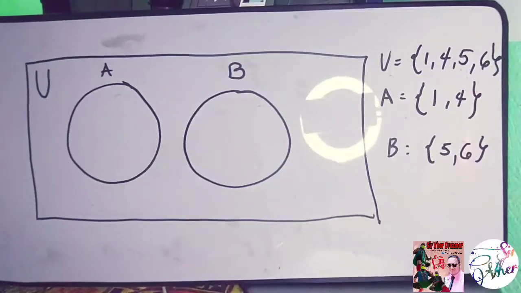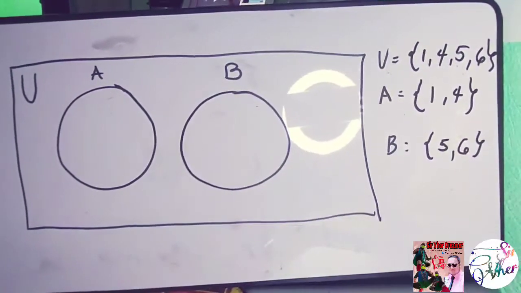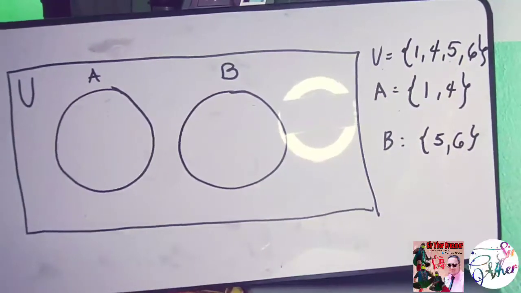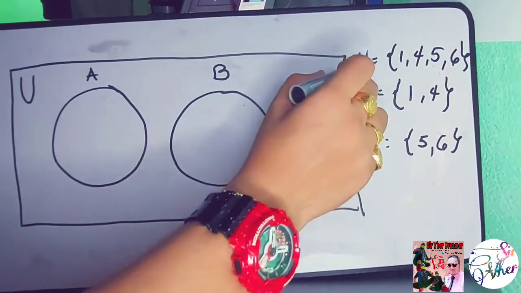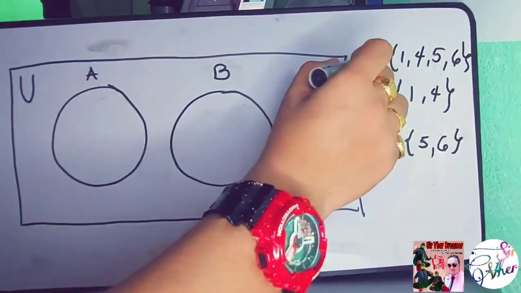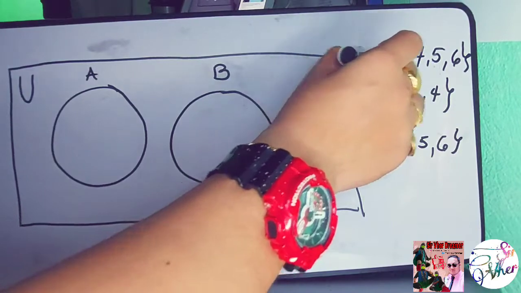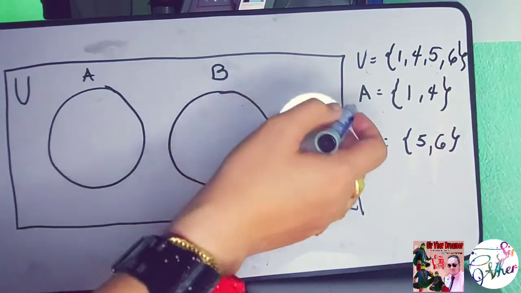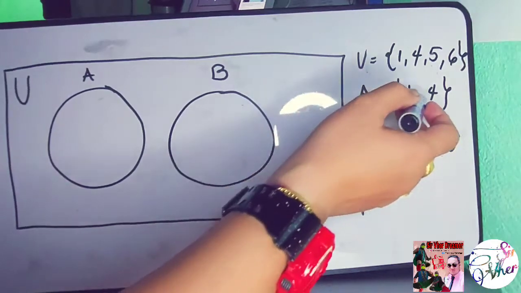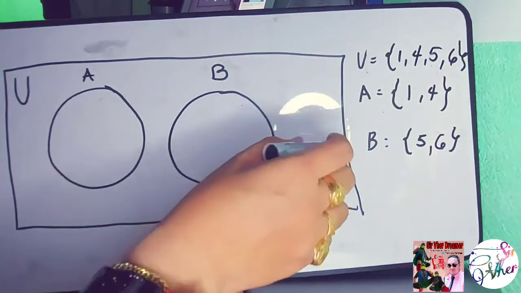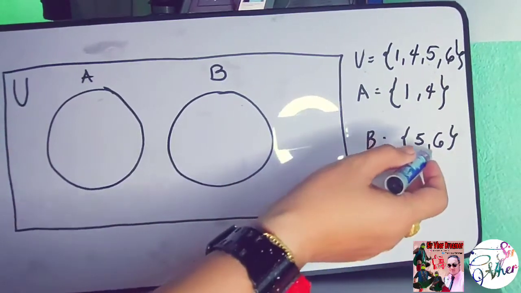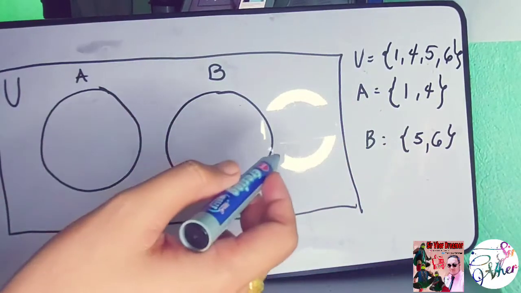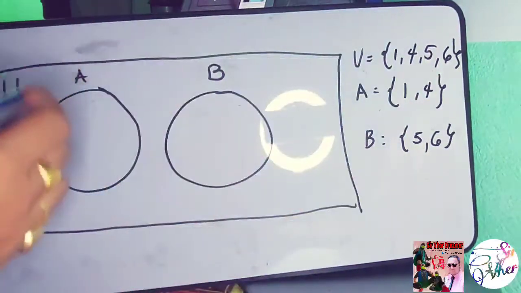For example, this is the universal set. We have the following elements of the universal set: 1, 4, 5, and 6. The elements from set A are 1 and 4, and from set B, 5 and 6. So how are we going to write these elements in the diagram?